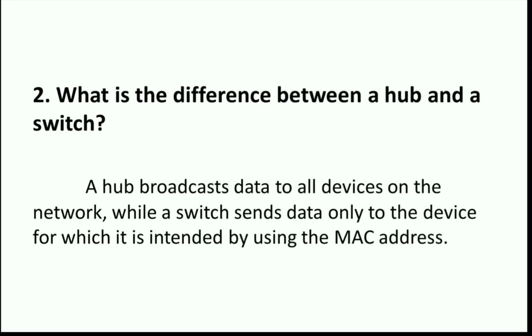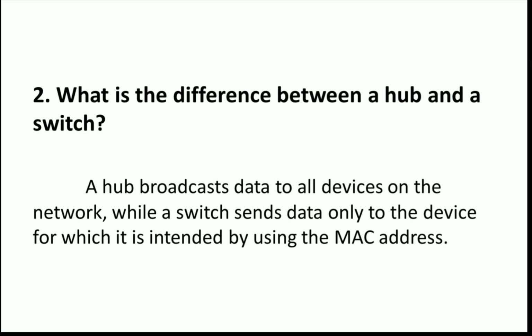Second question is, what is the difference between hub and switch? The hub and switch are both devices used in a network to connect multiple computers or devices. First is data transmission. Hub sends the data to all devices, but switch sends only to that particular device. Efficiency.